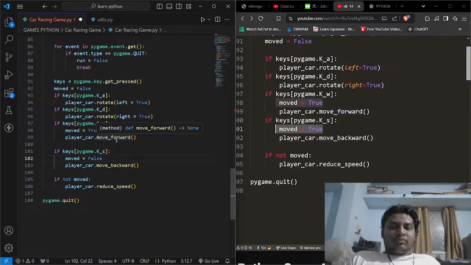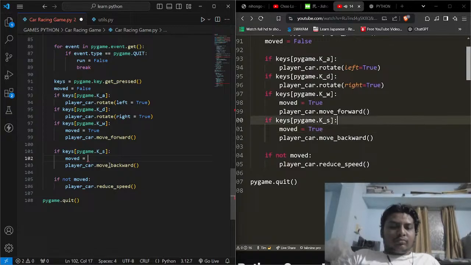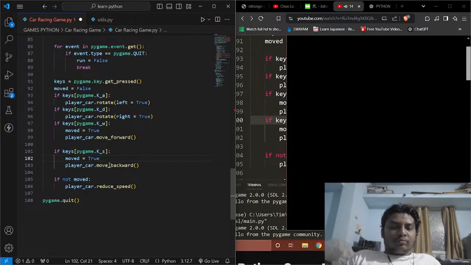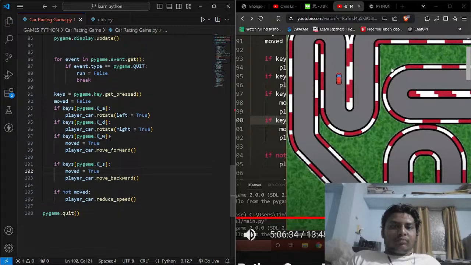Notice I have moved equals true. We need that to make sure we don't reduce our speed as we are going backwards. Perfect. Now that we have that, let's run the code, and let's check if the reverse gear works.